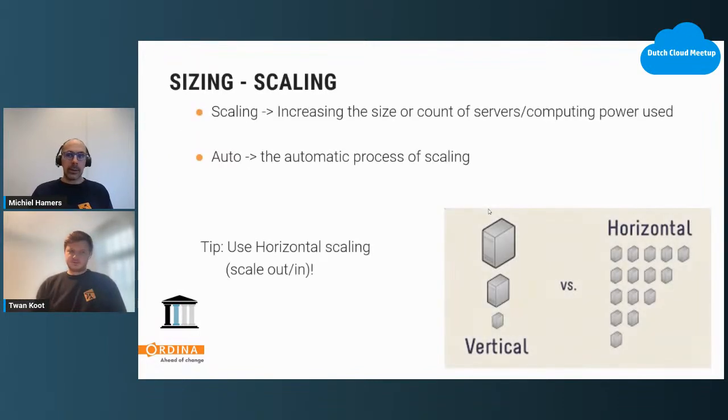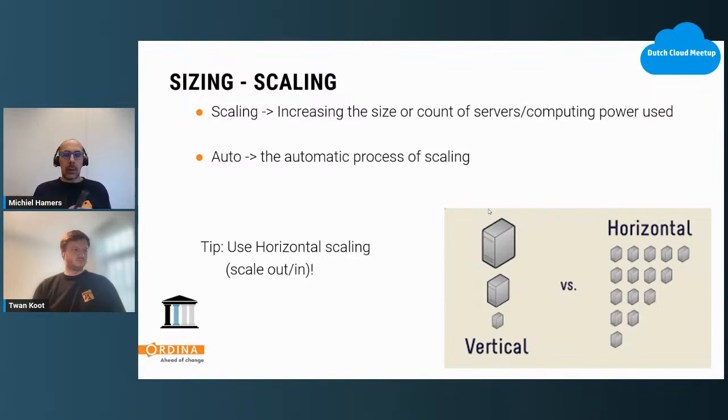Yep. And then this more simple one, sizing and scaling. In general, vertical scaling is just replacing a server with a heavier system, or a smaller one. And horizontal scaling is just adding the same machine again and again next to the other one.